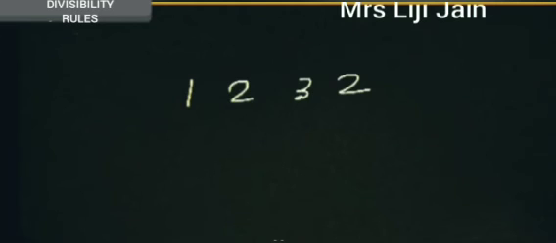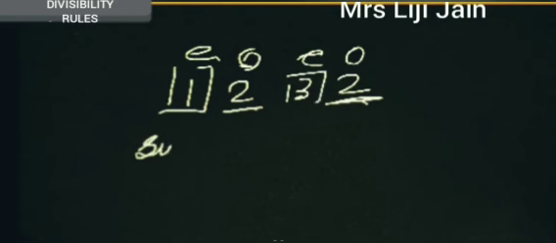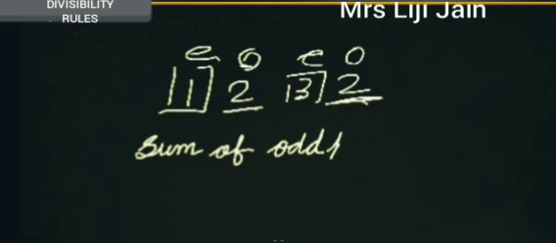1232. First step, mark the digits as odd place, even place, odd place, even place. Now the digits on odd places are 2 and 2. The digits on even places are 3 and 1. Let's just listen carefully.